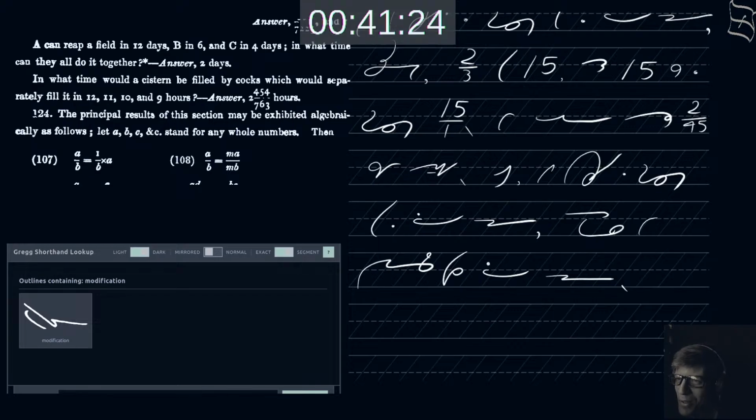Oh man, how wording has changed. Like A can reap a field in 12 days, B in 6, and C in 4 days. In what time can they all do it together? In what time would a cistern be filled by cocks, which would separately fill it in 12, 11, 10, and 9 hours?